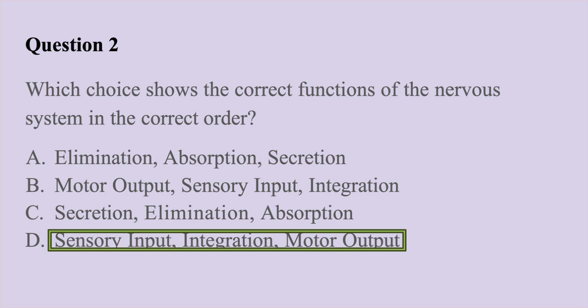So then we have secretion, elimination, absorption. Again, wrong body system. So the correct order is sensory input, integration, motor output. Sensory input, information is sent. Integration, information is processed. Motor output, response is produced.